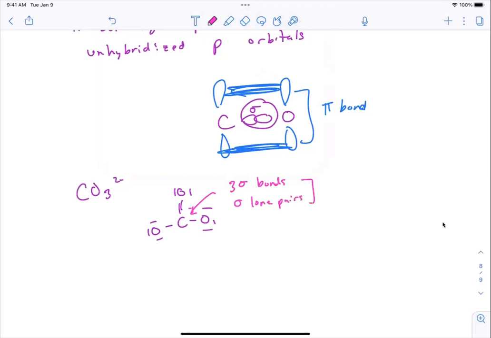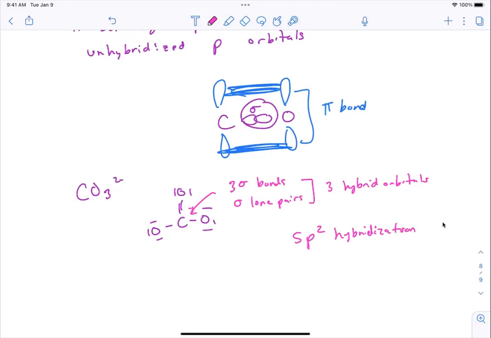So how many hybrid orbitals do you need? 3 hybrid orbitals. So it would be sp2. So you would use sp2 hybridization to do this.